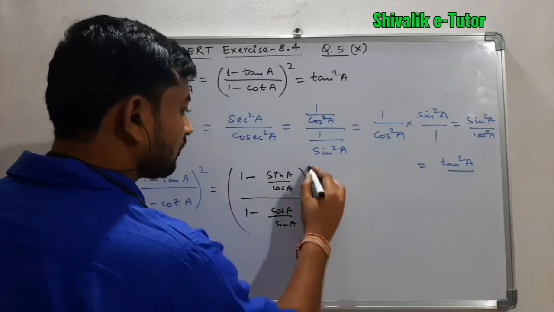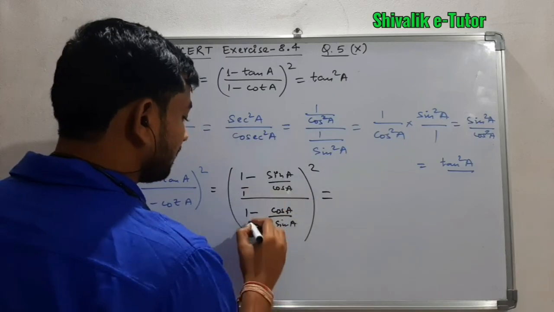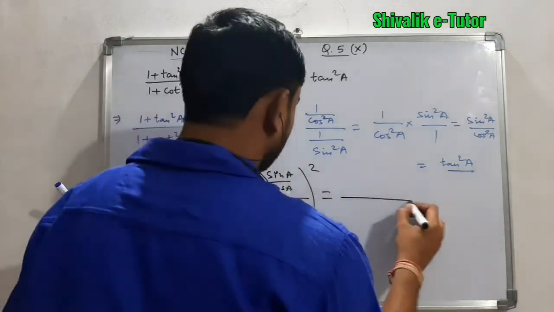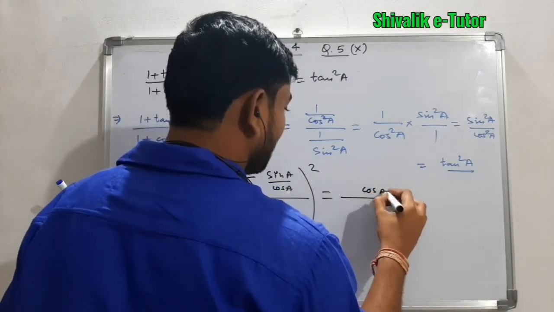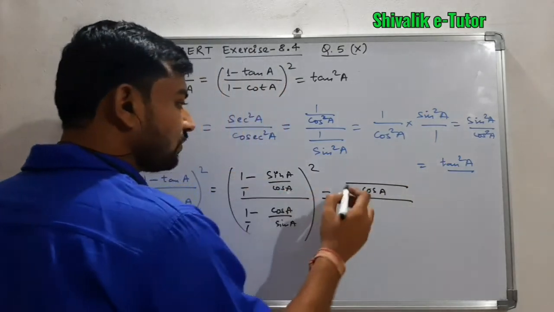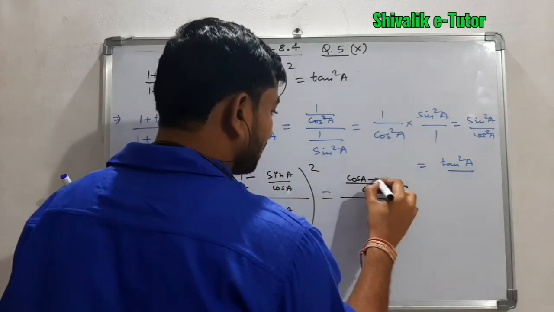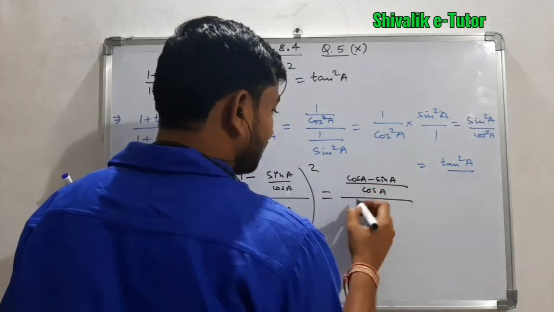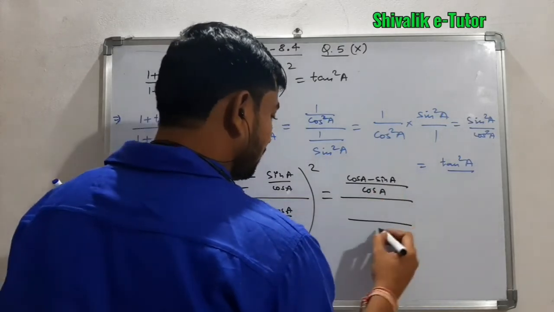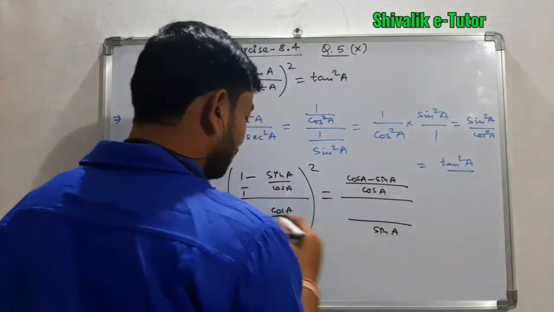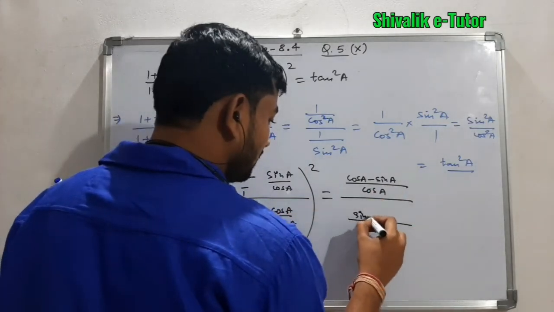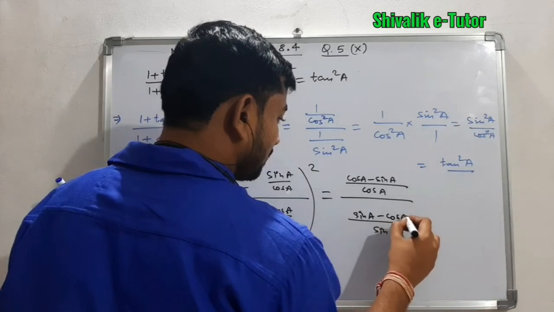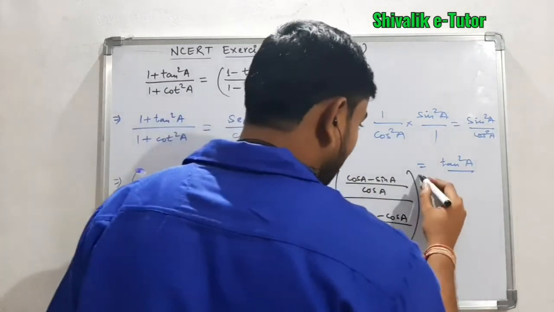Now this will be whole square, and if we solve this further, we'll be getting cos A, and if we cross multiply, we'll be getting cos A minus sin A. Then in the denominator, we'll be having sin A, and if we cross multiply this, we'll be getting sin A minus cos A, and the whole square of this.